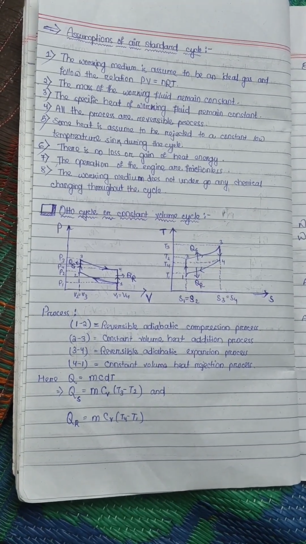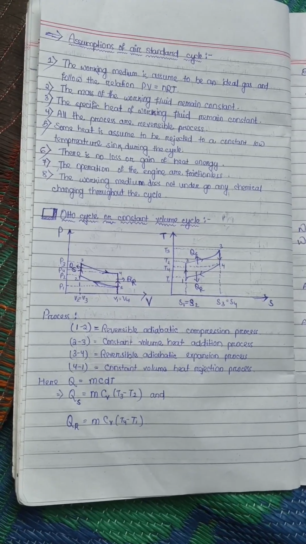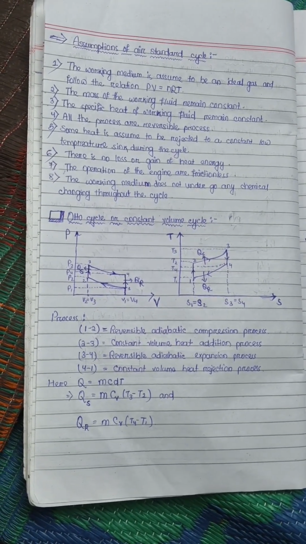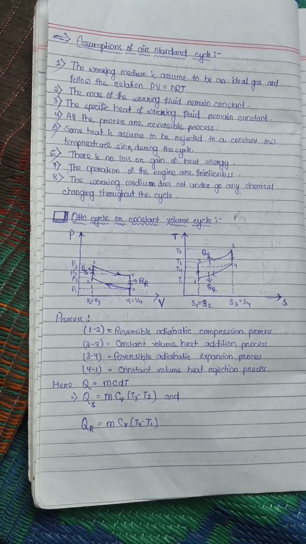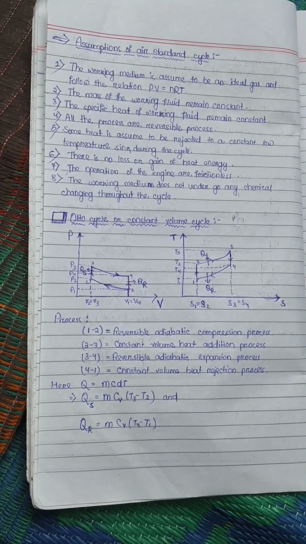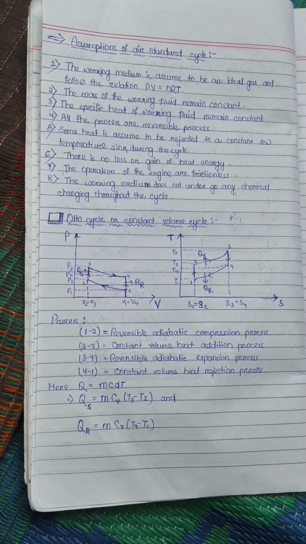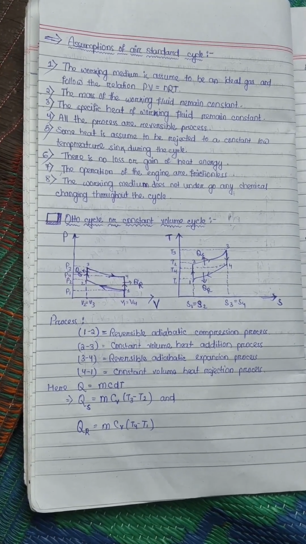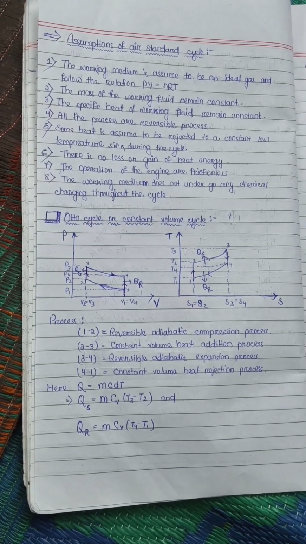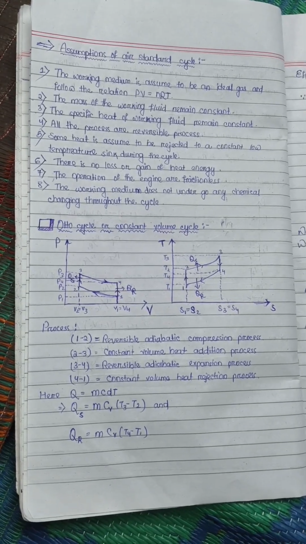Some heat is assumed to be rejected to a constant low temperature sink during the cycle. There is no loss or gain of heat energy. The operation of the engine is frictionless. The working medium does not undergo any chemical change throughout the cycle.